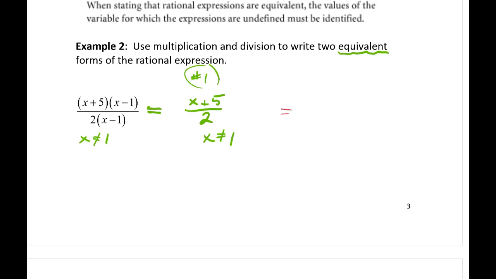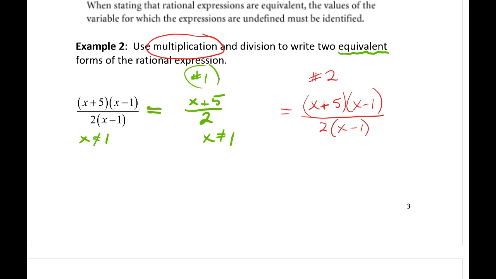Okay, this is something that I don't think we're ever going to do because, like I said, in math we want to simplify. But if we wanted to come up with an equivalent expression by multiplying instead of dividing, we could do this. For example, it's not the only thing we could do, but this would be one possibility. So I have x plus 5, x minus 1. And then on the bottom I have 2x minus 1.